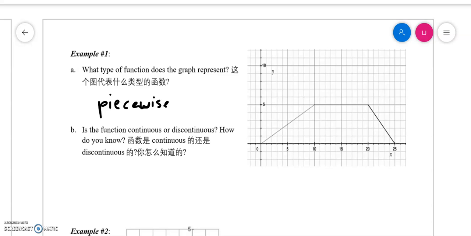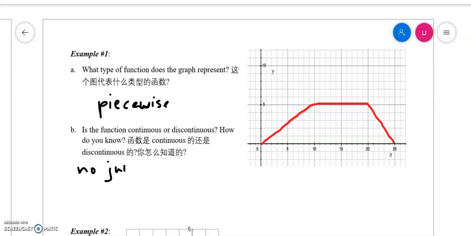And no, there's none of that. Do we see any holes? We don't see any holes either. Do we see any vertical asymptotes? Also no vertical asymptotes. And if I wanted to start at the very left of this graph, I could draw it without ever lifting up my pencil. So either one of those reasons are fine.